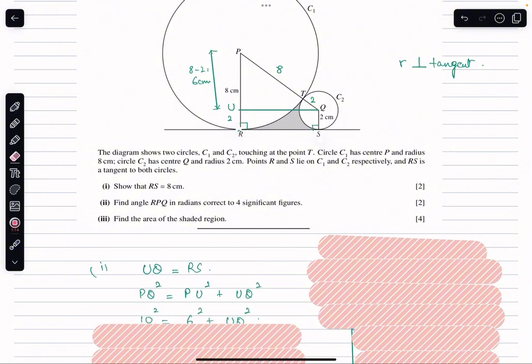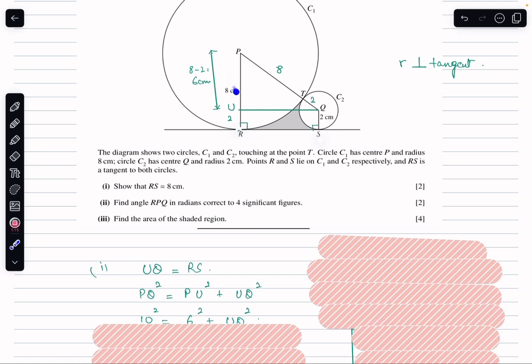If you look at this triangle with respect to QU, we can see that QS equals 2 centimeters, both QS and UR being perpendicular at 90 degrees. We can say that UR is also going to be 2 centimeters. That means PU shall be 8 minus 2, giving us 6 centimeters.